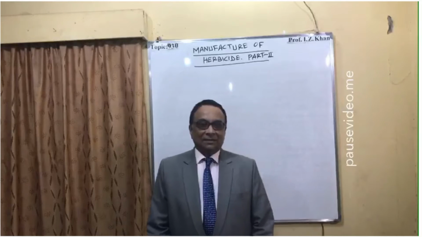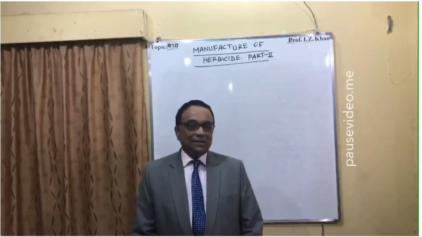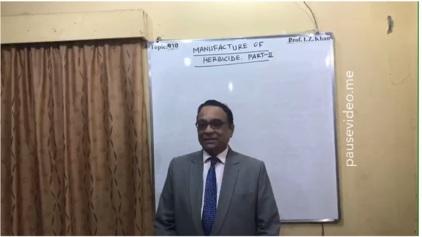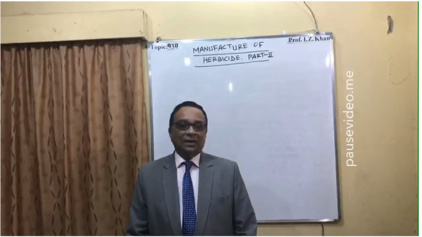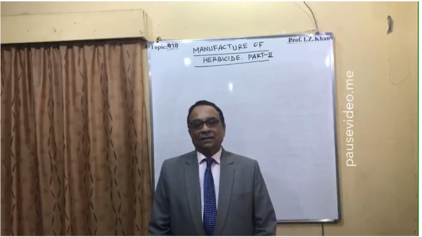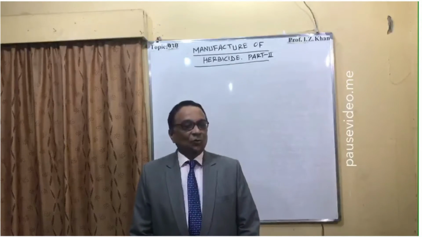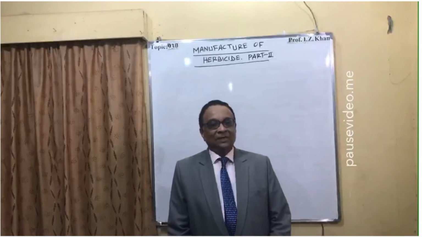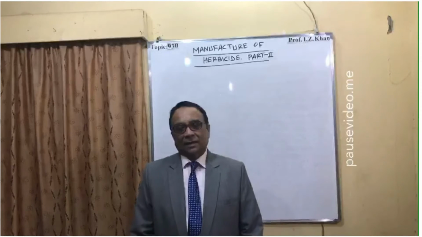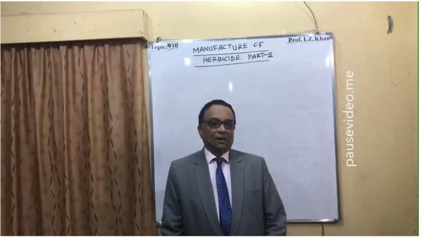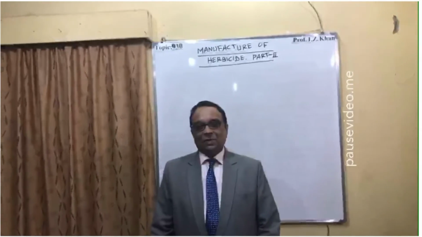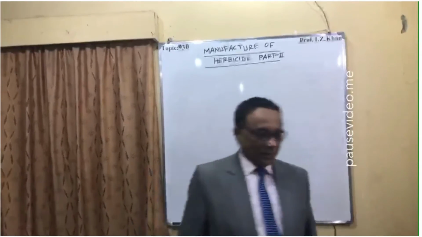So they are of a non-selective type, and the selective types are mainly these two, 2,4-D and 2,4,5-T, meaning dichlorophenoxy and trichlorophenoxy acetic acid. So I am going to discuss these manufactures one by one.